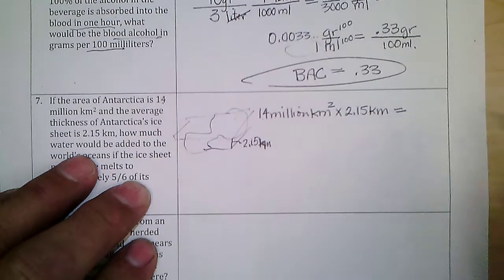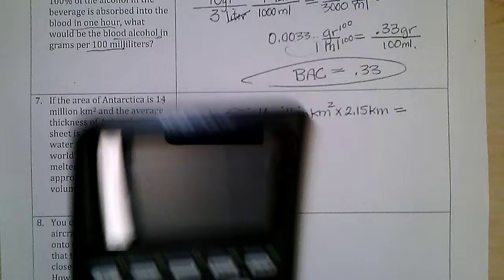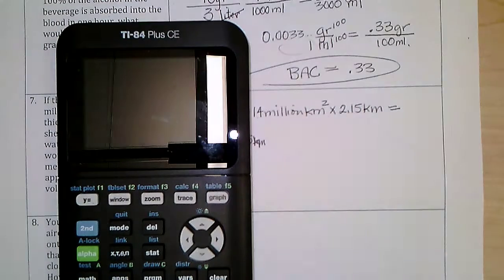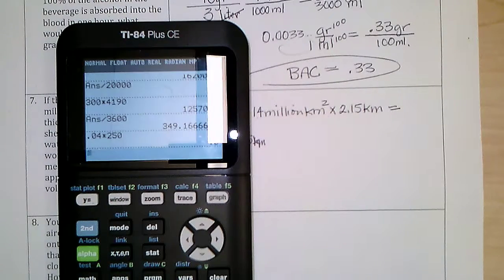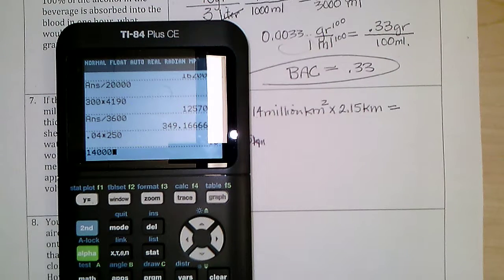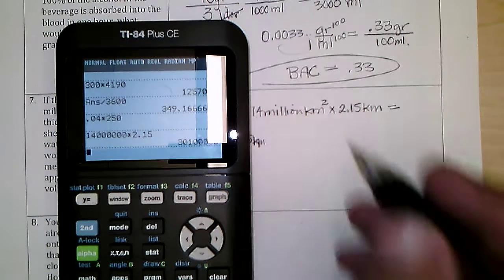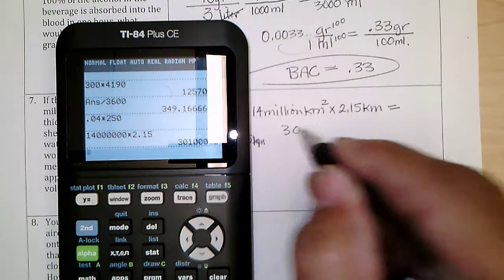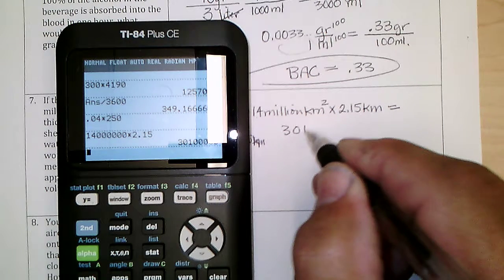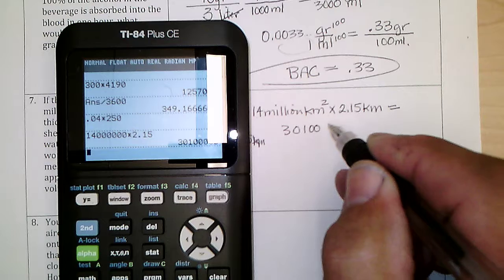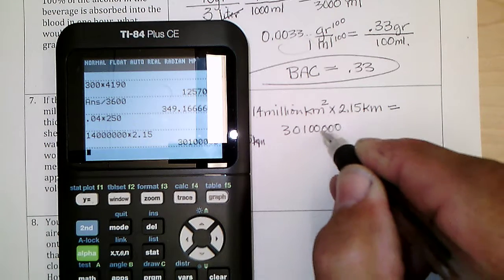which works out to be 14,000 million times 2.15, and we get 30,100,000.